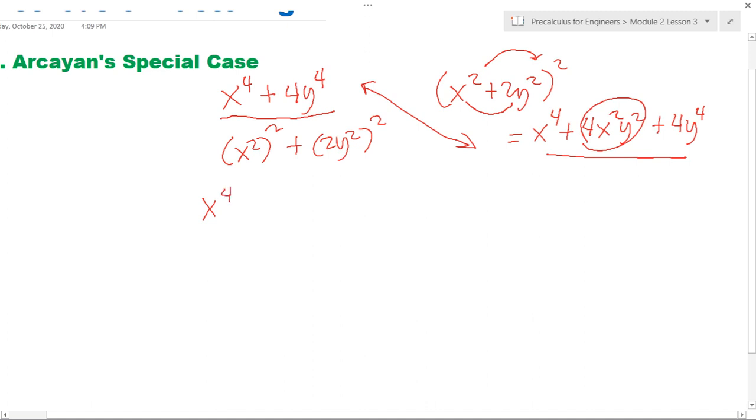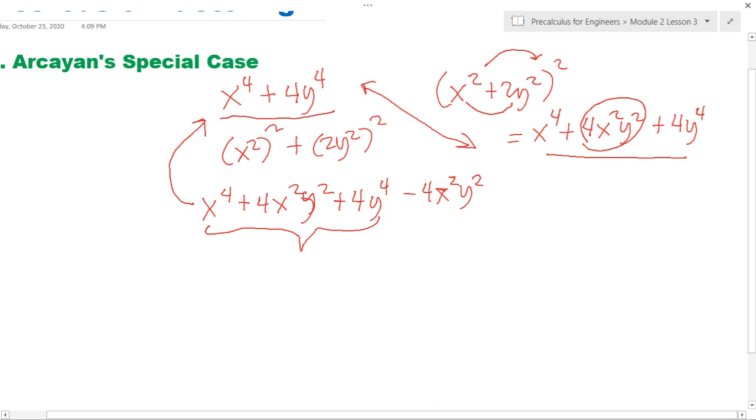X to the fourth plus 4x squared y squared plus 4y to the fourth minus 4x squared y squared. Therefore, same ito dito kasi makancel out na yung 4x squared y squared and 4x squared y squared. But this expression is a perfect square. So, hindi natin i-simplify sila kasi makakancel talaga yan, pero we change the form.